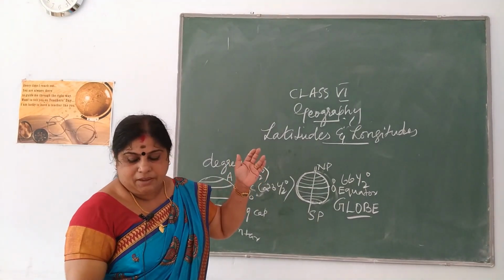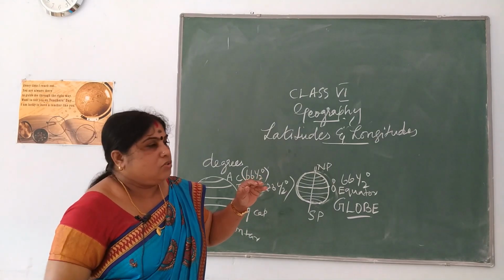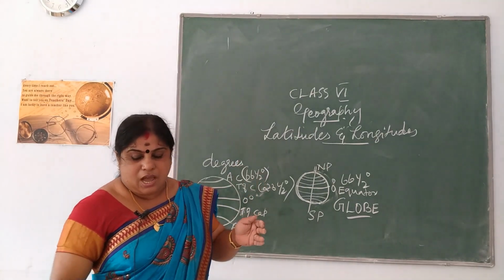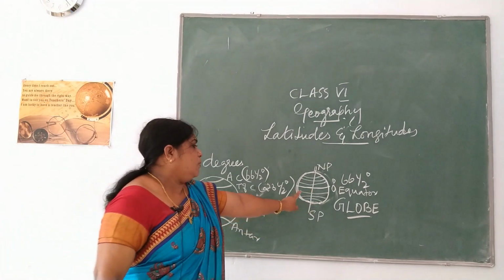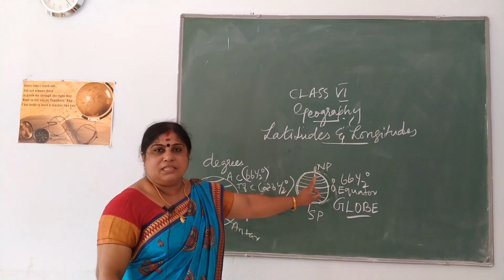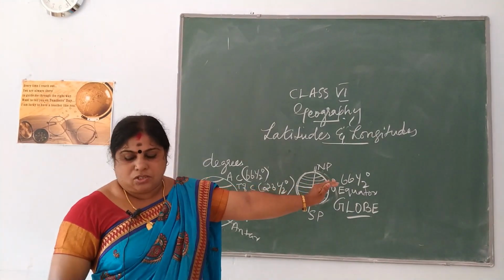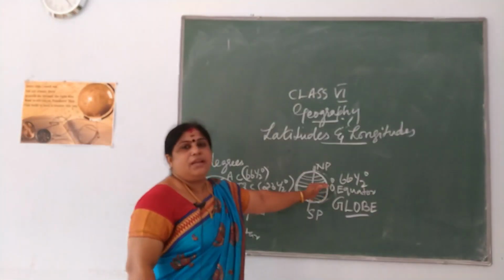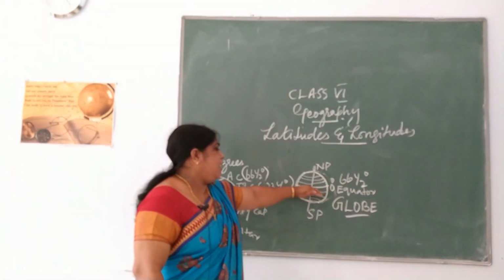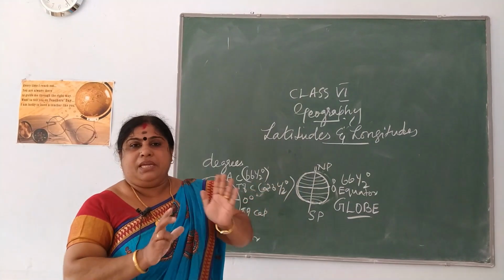Now we will have a brief review of what you have learned about latitudes. You learned that latitudes are imaginary circles drawn on a globe. They are also called parallels of latitude because they lie parallel to the equator.